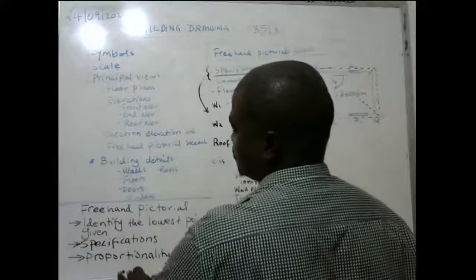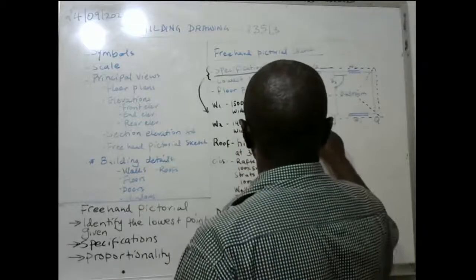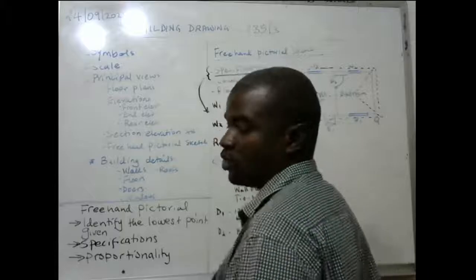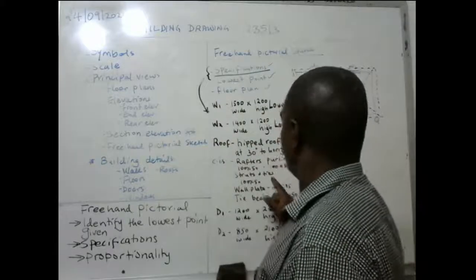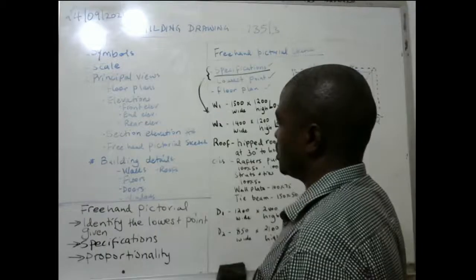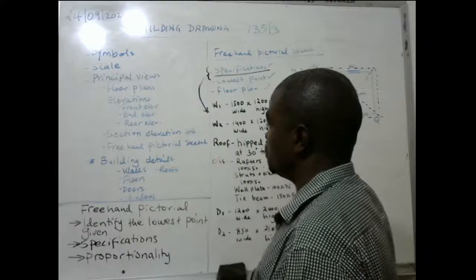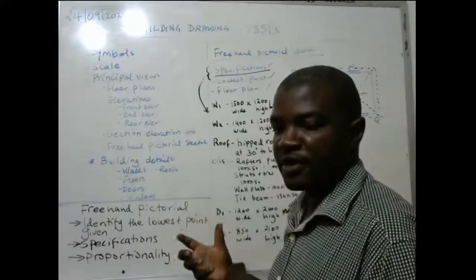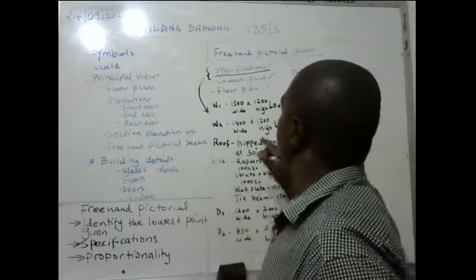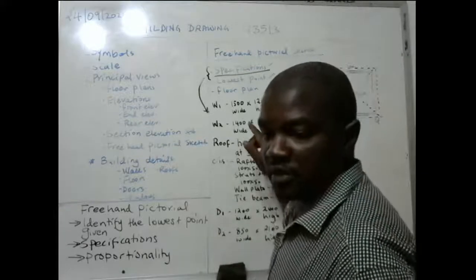Even in other terms, we also have windows and doors. Then we also have ventilators there. So when you look at a window and a door, there is a ventilator. Some people, in their freehand pictorial, tend to draw the ventilator bigger than the window.